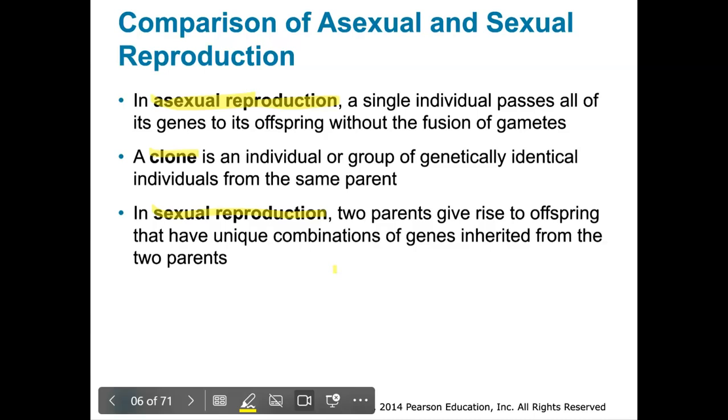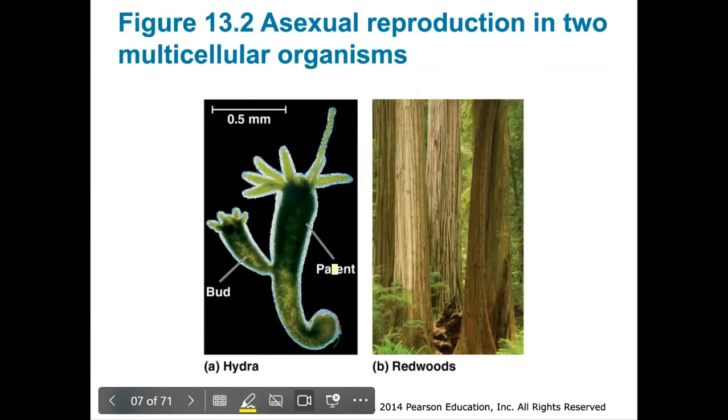You don't really call them sperm and egg, but it works the same way. So in sexual reproduction, you have a mixture of traits inherited from each parent. Each parent gives half of the offspring's DNA to the offspring.